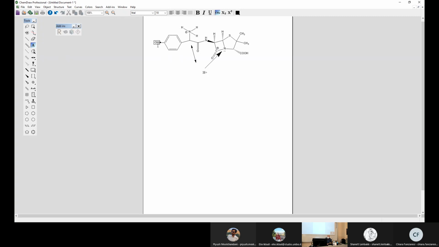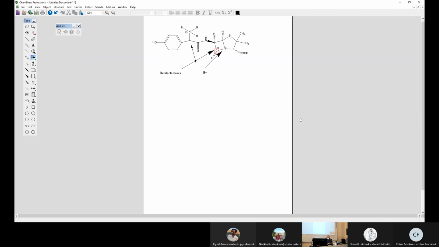They have a wide spectrum against bacteria, but the problem is related to beta-lactamases. These enzymes are able to attack, first of all, the carbon atom of the beta-lactam ring and to open the ring.